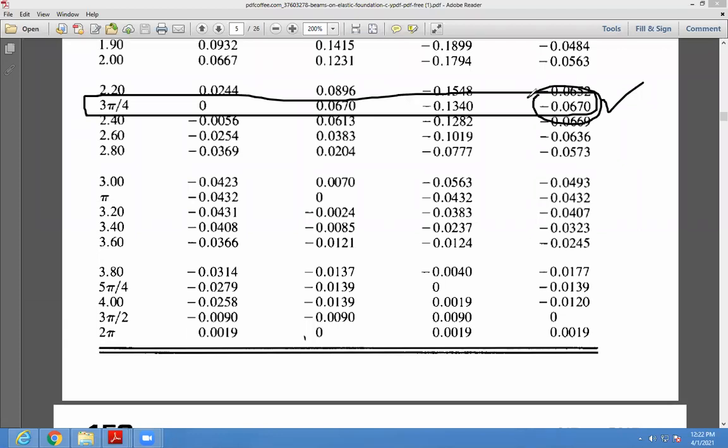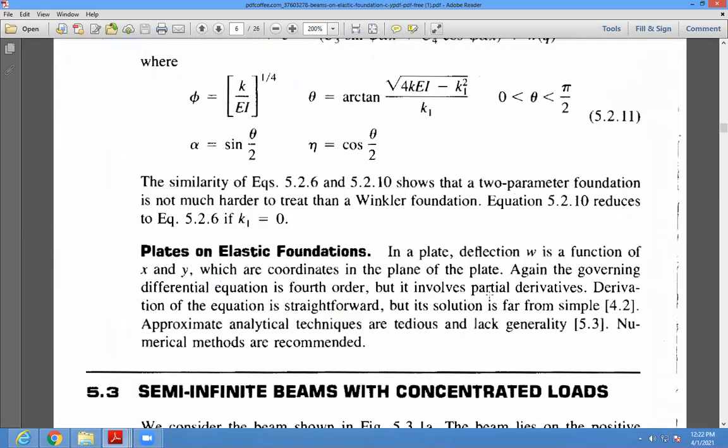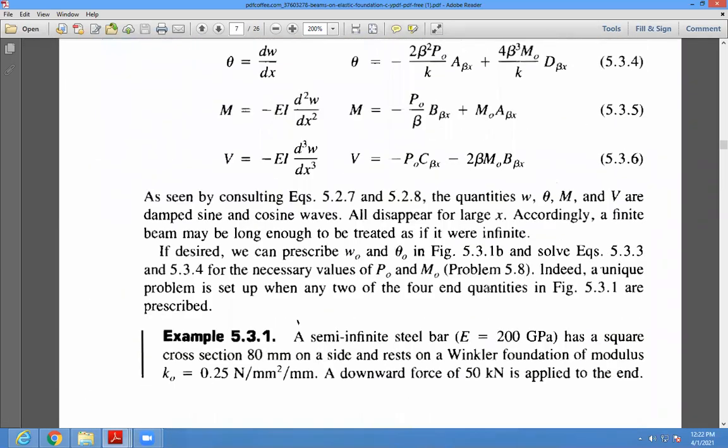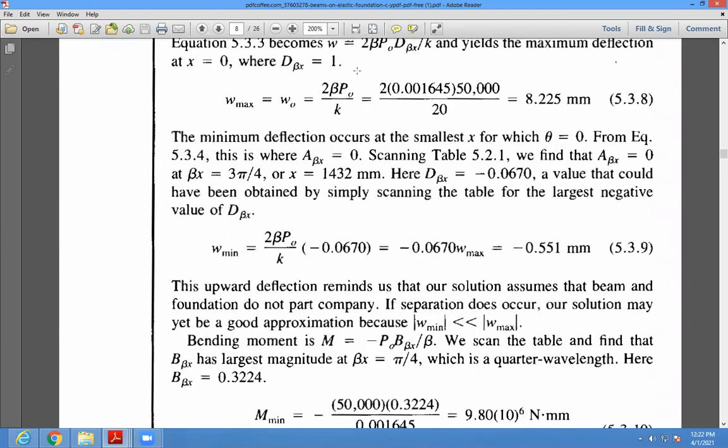Okay, these two values we have considered for further calculation. Write down. All of you write down, please. Write down at beta x equal to 3 pi by 4.